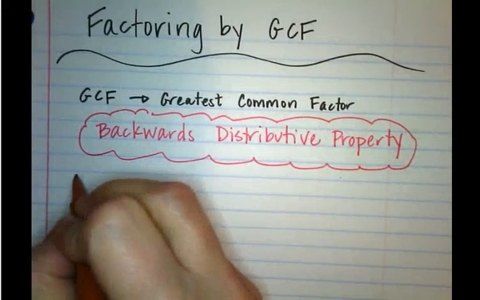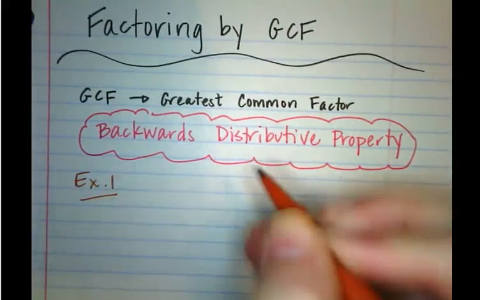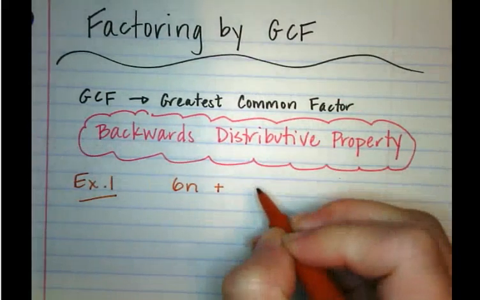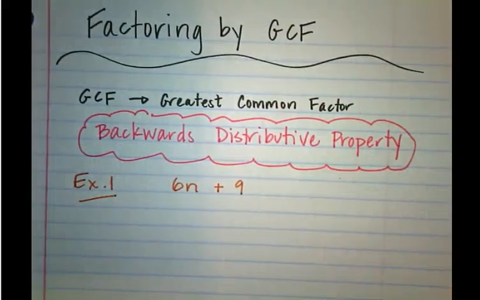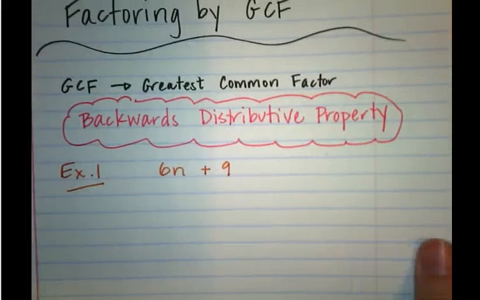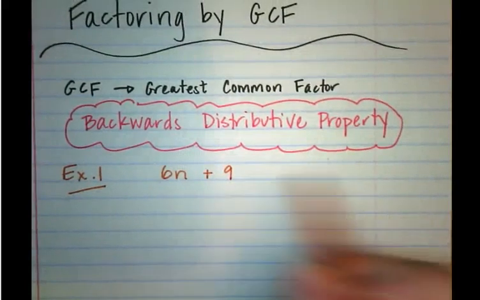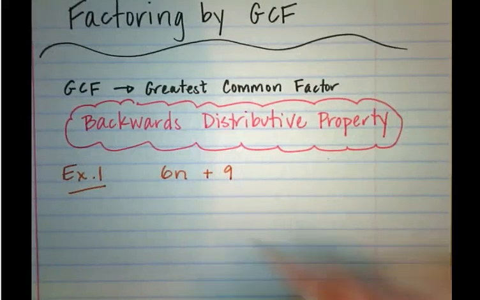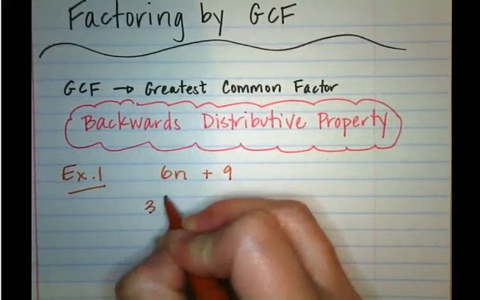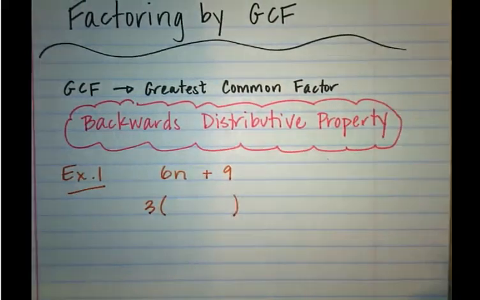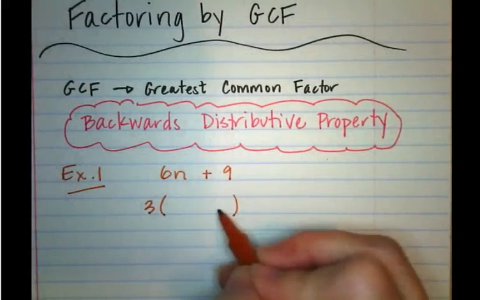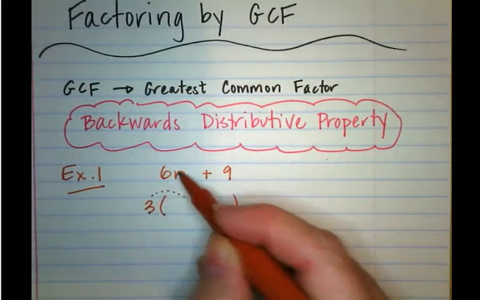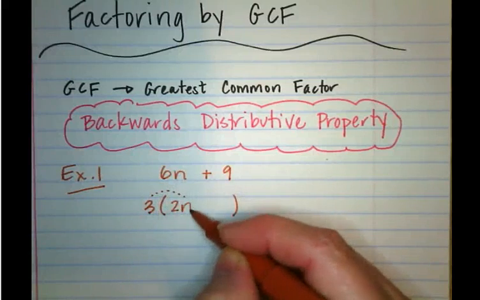All right, so first thing, let's say we had 6n plus 9. When I look at this, this is a binomial because there are two terms, and I notice that I can divide both of those by 3. So I'm going to write 3 on the outside of the parentheses, and then what's going to go in here is what I need in order to end up with a 6n.